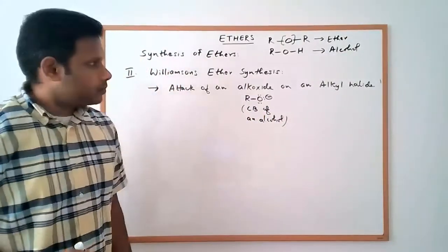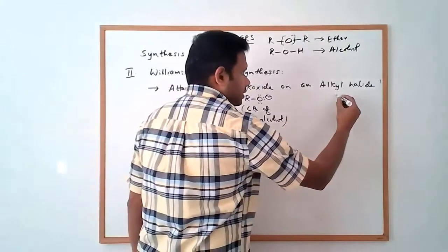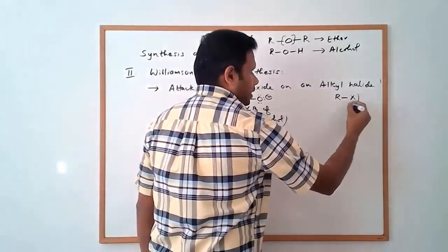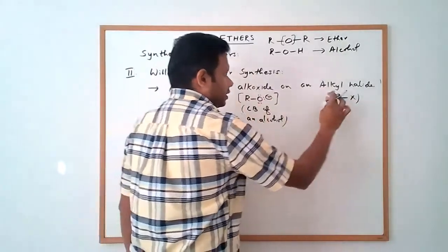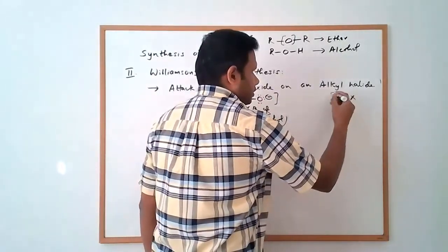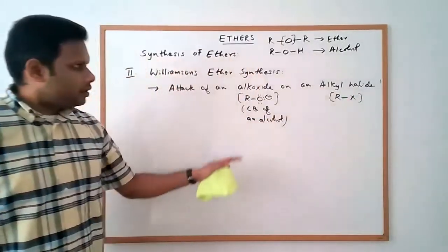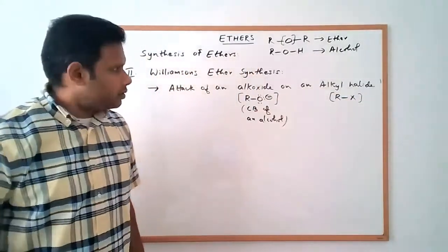That's what this is. An alkyl halide, as we know, is RX. Okay, so you can react an alkoxide with an alkyl halide to make an ether.